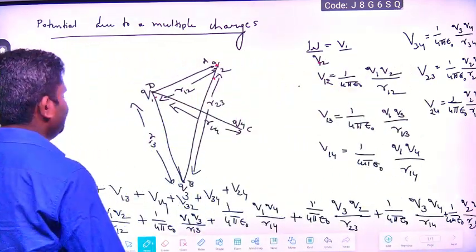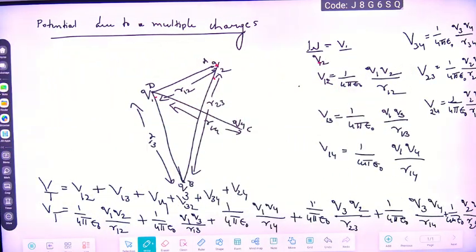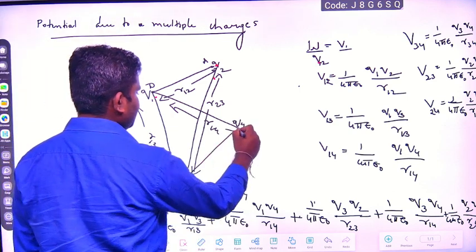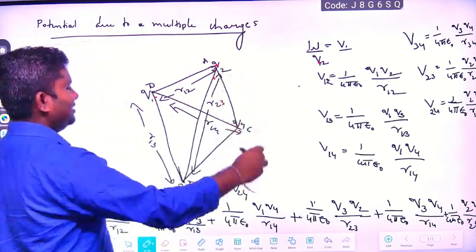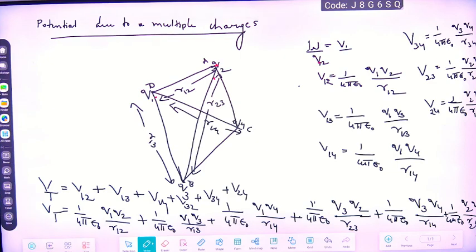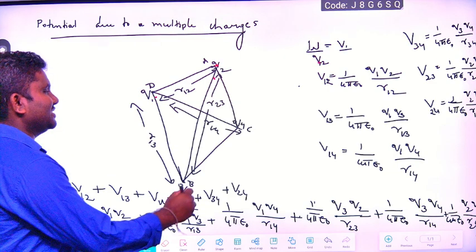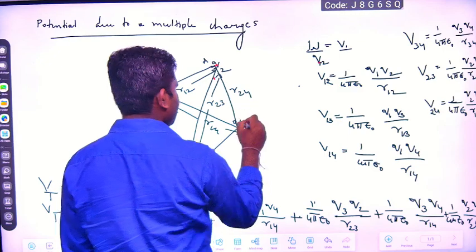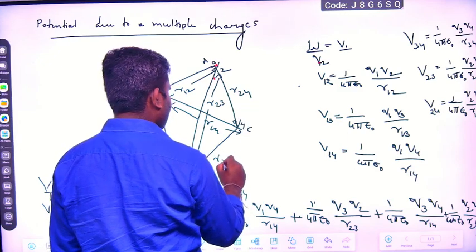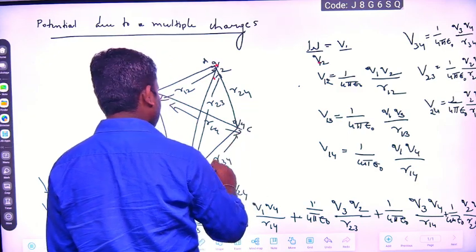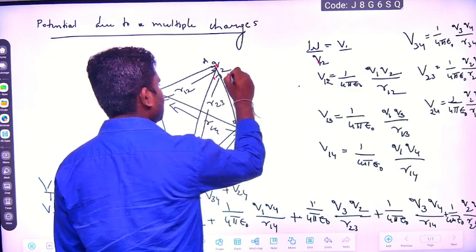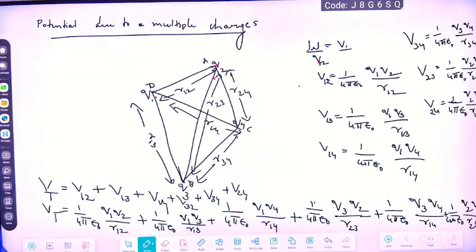Okay, this much big. So there is a force between these two also. There is force between these two also. This is R24. This is R34, the distance. Understood?